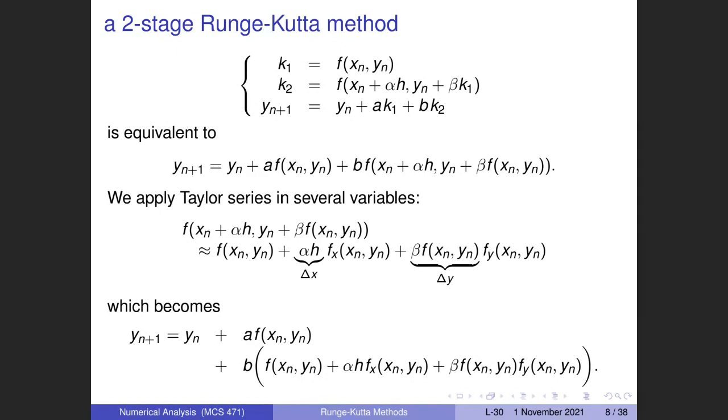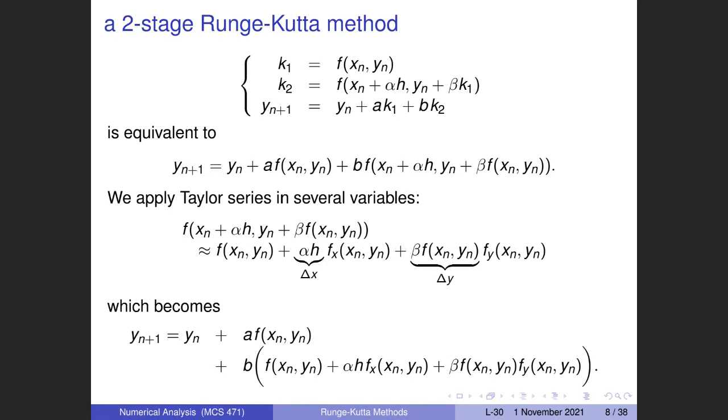The Taylor series applies in several variables. We touched on that also when we considered Newton's method, several variables, so it's not the first time that we encounter the Taylor series in two variables. You could view this as a linearization. We replace the function by a linear function.